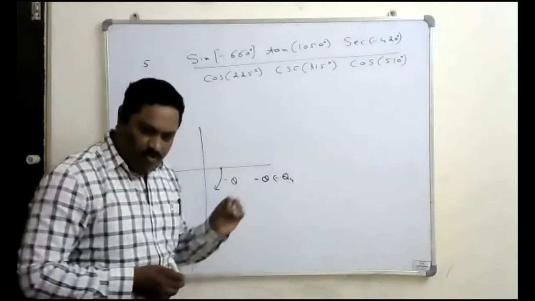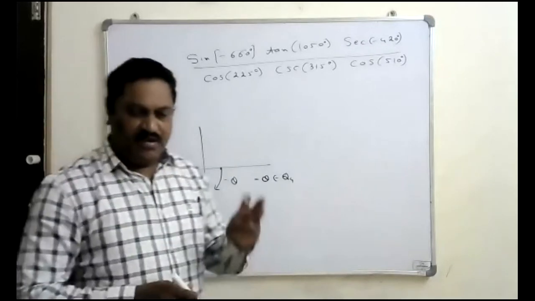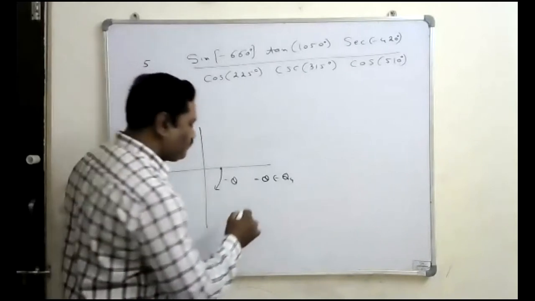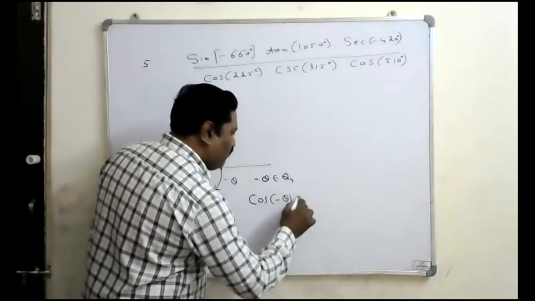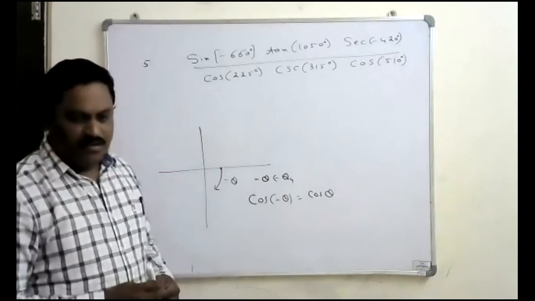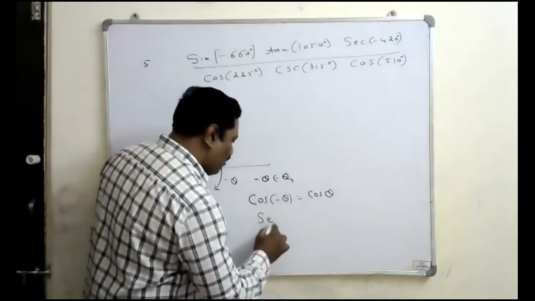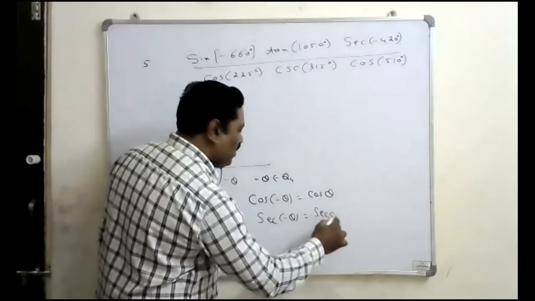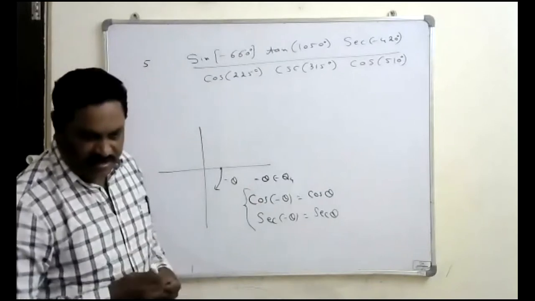If it lies in the fourth quadrant, we know that in the fourth quadrant, cos and secant are positive. That's why cos of minus theta is cos theta, because cos is positive. Similarly, secant of minus theta becomes secant theta, because only these two functions are positive in the fourth quadrant.